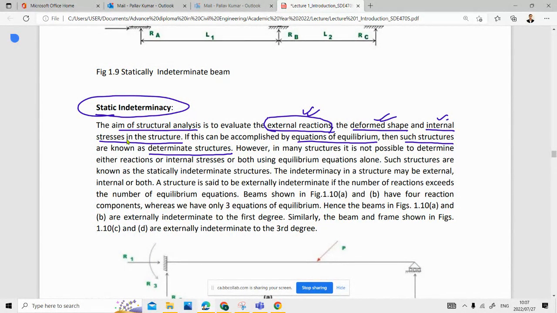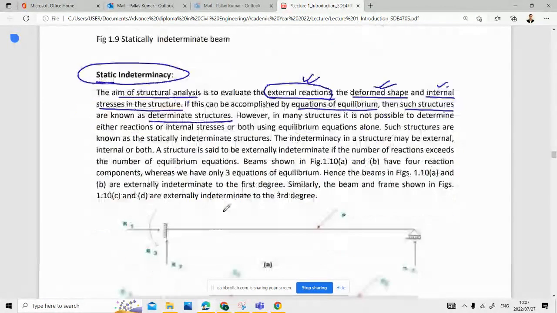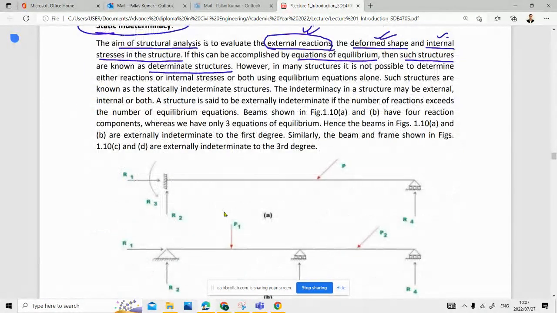I have already posed this question, so you can explain it very nicely. Further it says that however, in many structures it is not possible using only the equilibrium equations, and those structures we call statically indeterminate. So I hope you understood what is statically determinate and what is statically indeterminate.